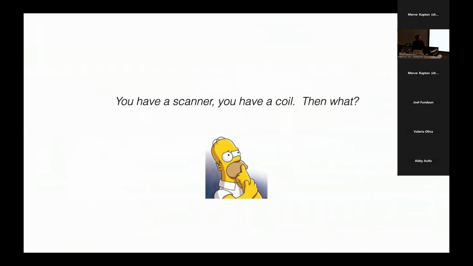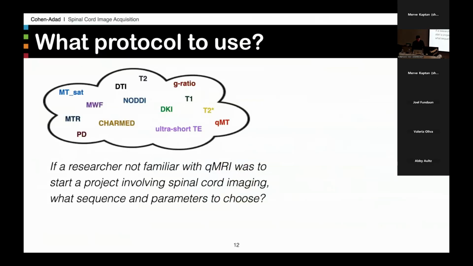Okay, so you have a scanner, you have a coil, then what? There are quite a lot of quantitative MRI techniques. If you go to ISMRM, every year there are new acronyms that come up, like STEADY, CHARMED, NODDI, and many things related to imaging myelin, imaging axons, axon orientations, and so on.